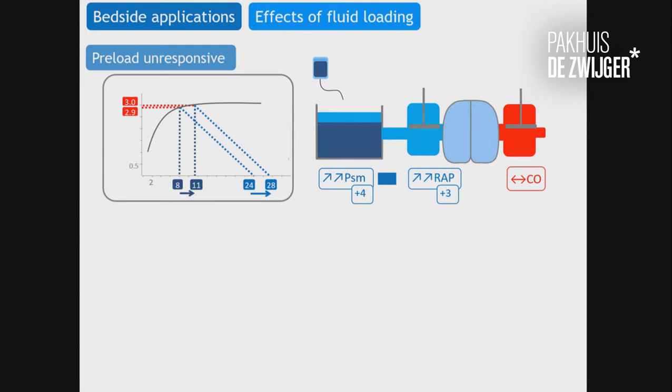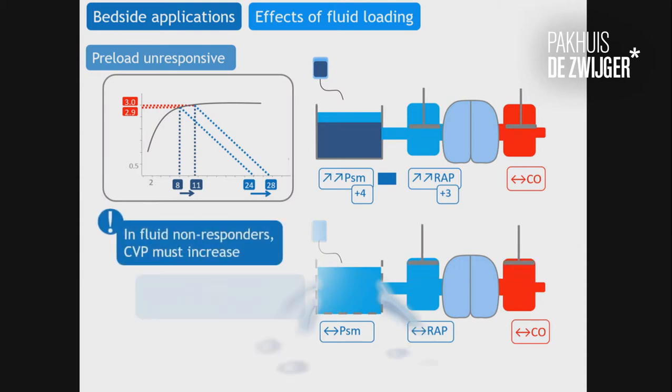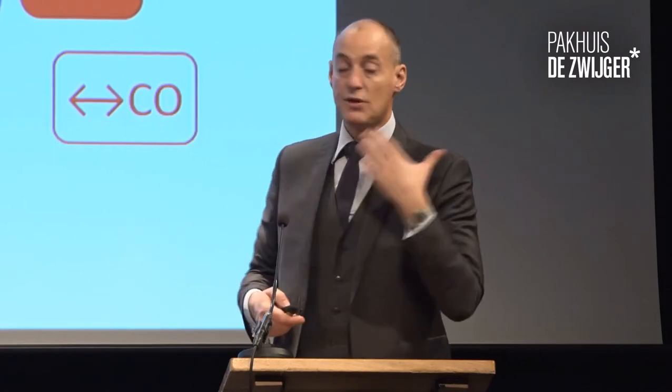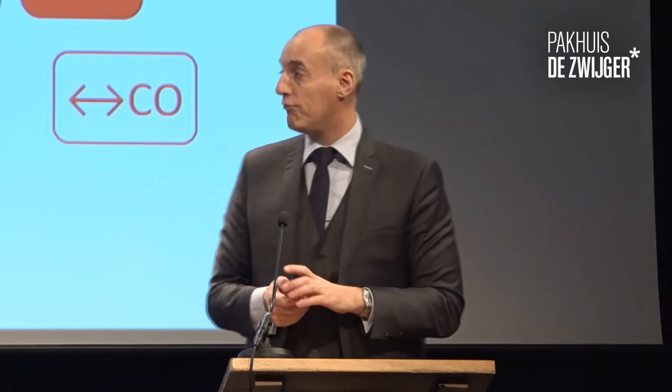By contrast, if CVP does not increase with fluid administration, likely it means that actually there was a capillary leak or there was a very large fluid tank such that the fluid I administered did not increase cardiac preload significantly. It means that typically in fluid non-responders, CVP must increase. If not, it suggests that preload did not increase enough.